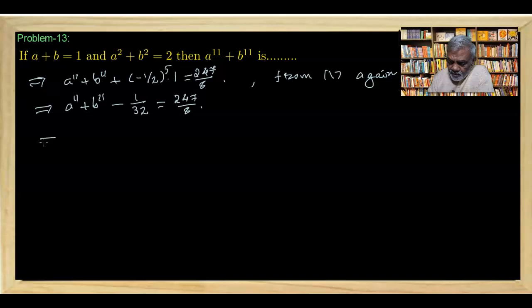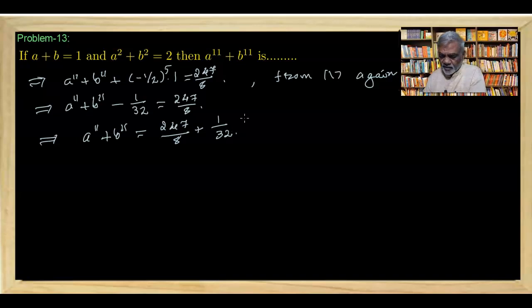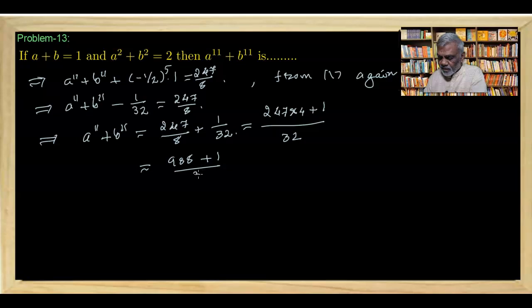and this implies a raised to 11 plus b raised to 11 is equal to 247 by 8 plus 1 by 32. 1 by 32 is equal to 247 into 4 plus 1 divided by 32, and that equals, 247 into 4 is equal to 988, plus 1 by 32.